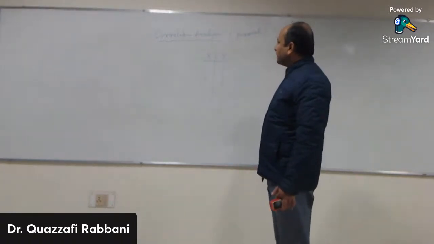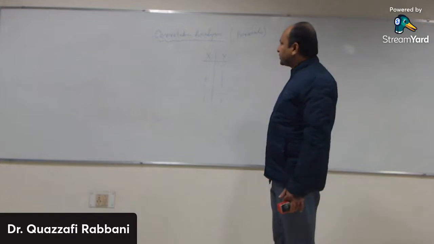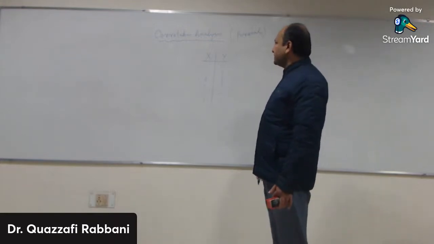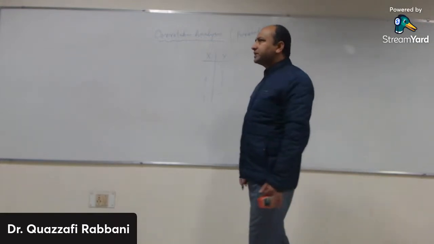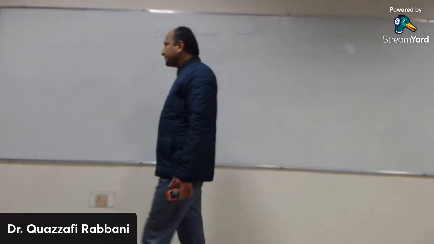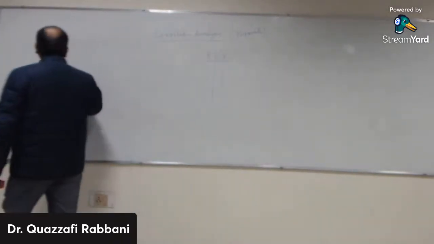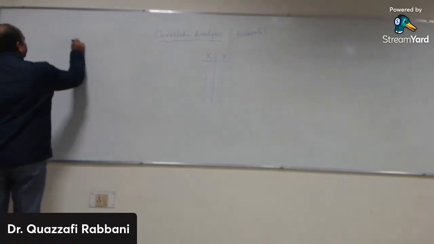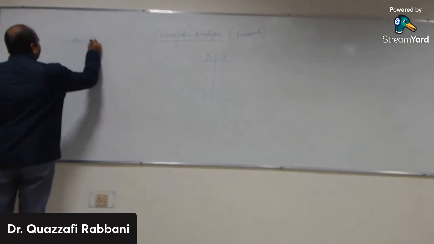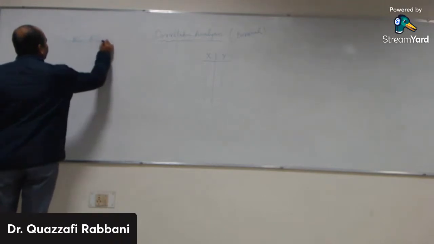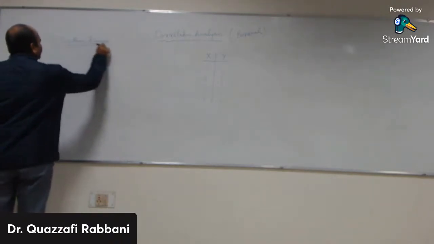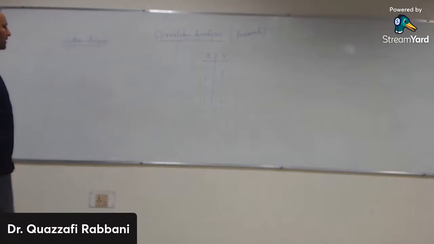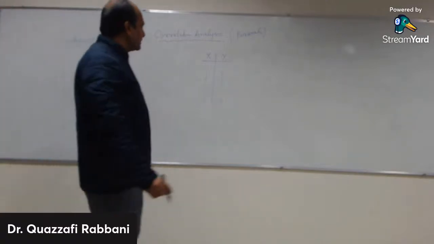We can also identify the correlation by using a diagram, and this diagram is known as a scatter diagram. Using a scatter diagram, we can get an idea about the correlation.